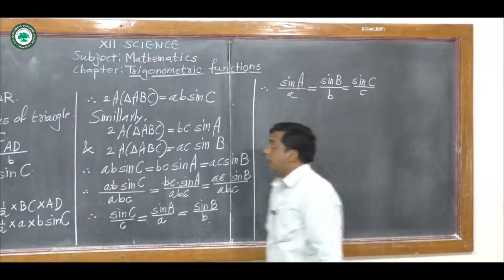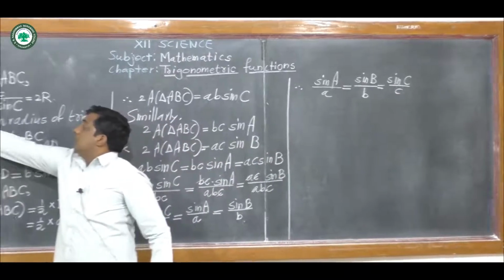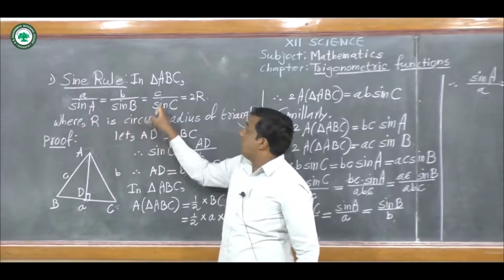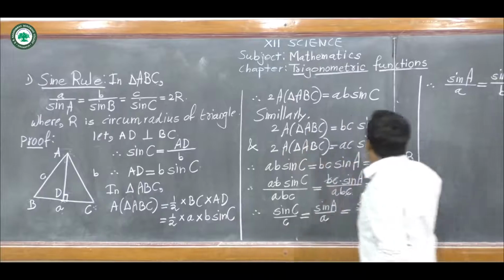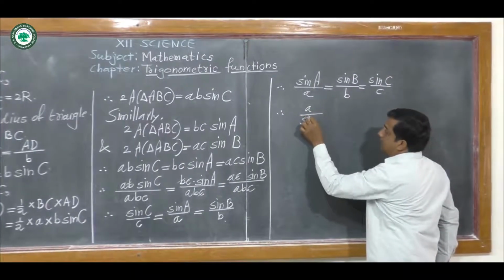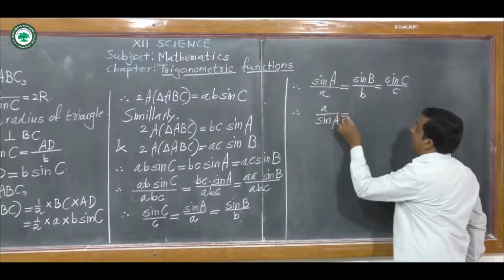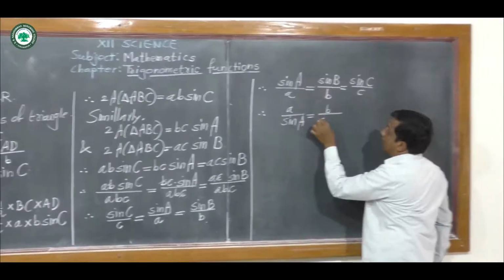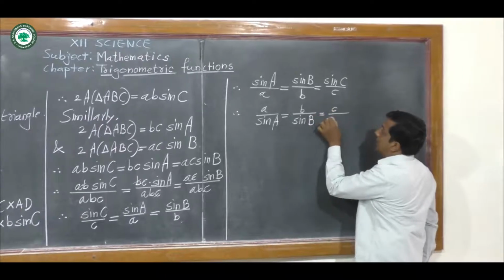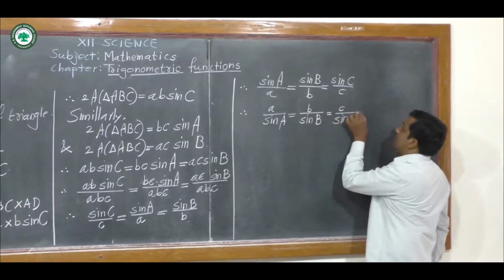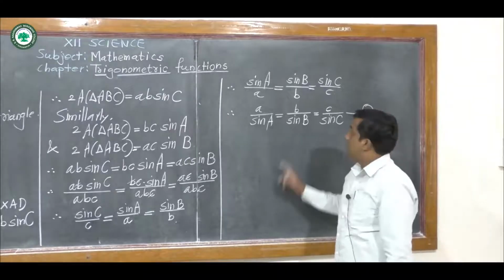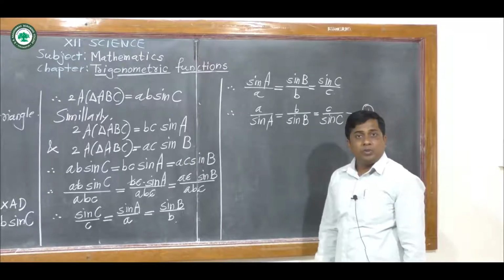Now what do we want? We want A upon sine A is equal to B upon sine B is equal to C upon sine C. Let's denote this as 1.